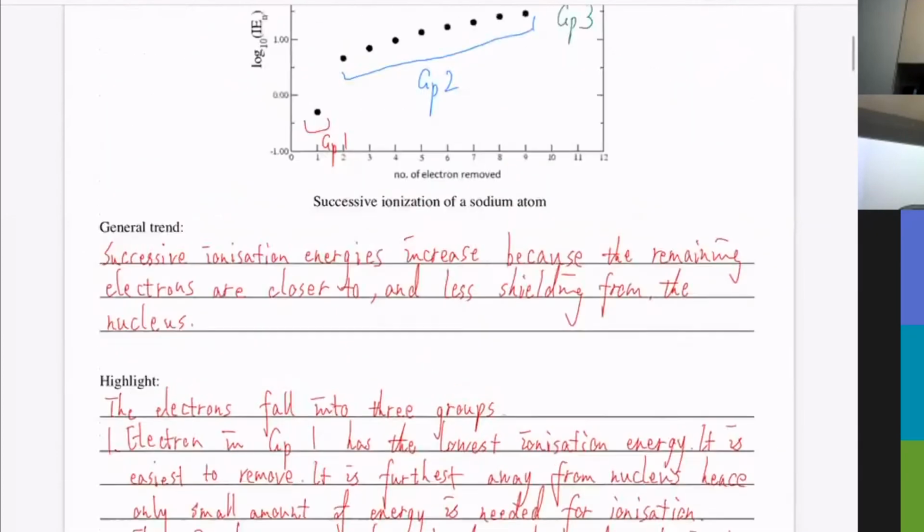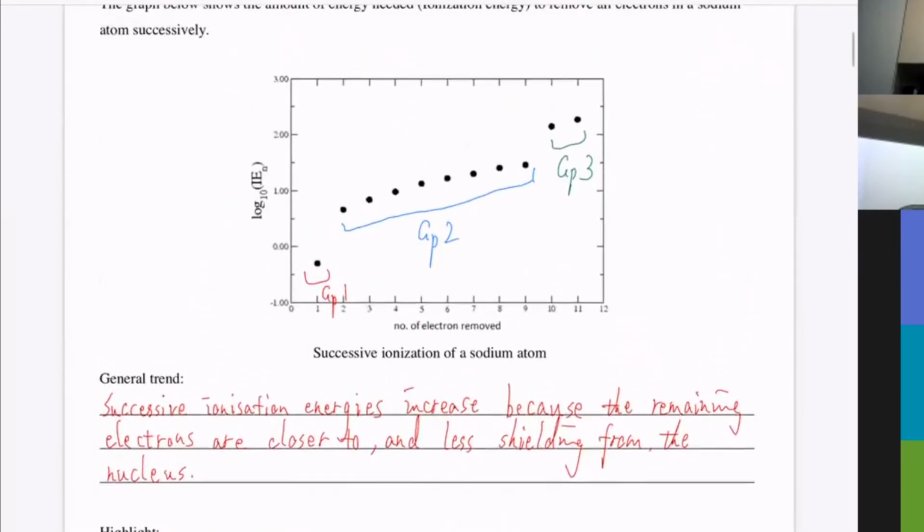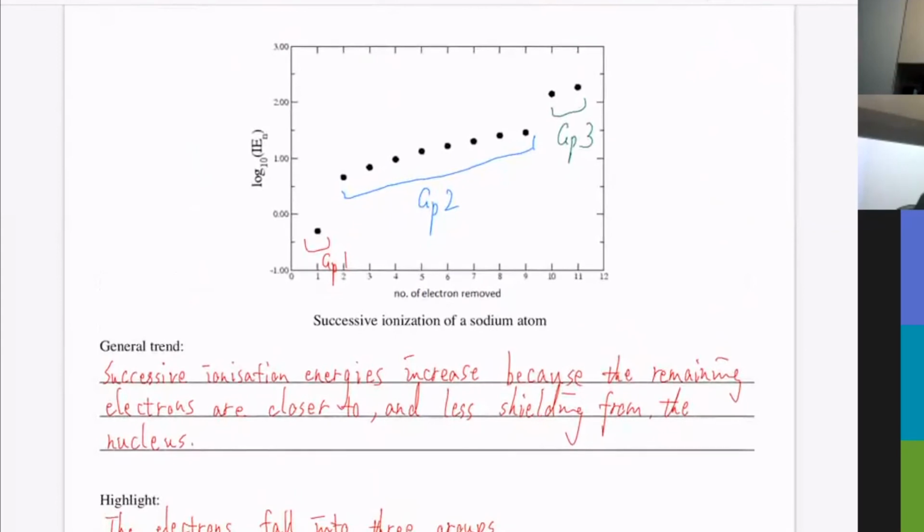So this one, according to the data, you could see 2 jumps in the data. There is a first big gap between the first ionization energy and the second. That's the first big gap. And then you can see another big gap between the 9th and the 10th one. The gap shows that we're moving to a different distance.